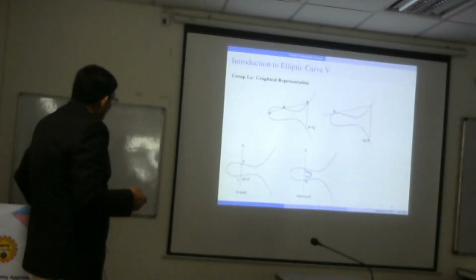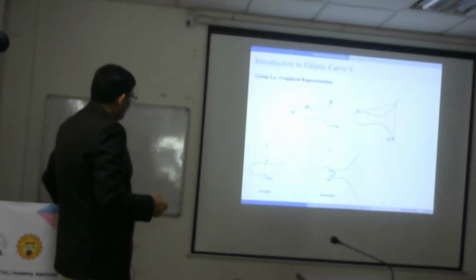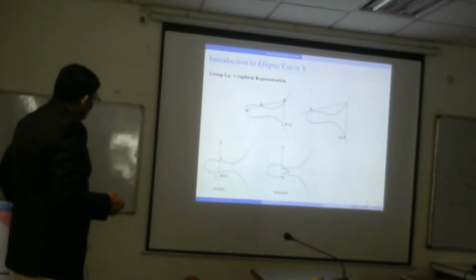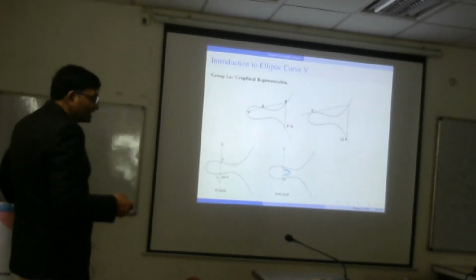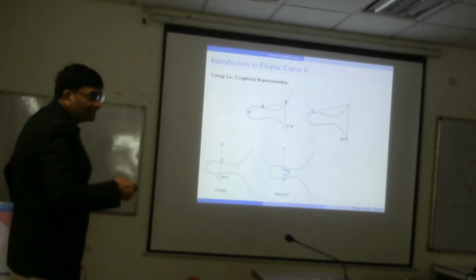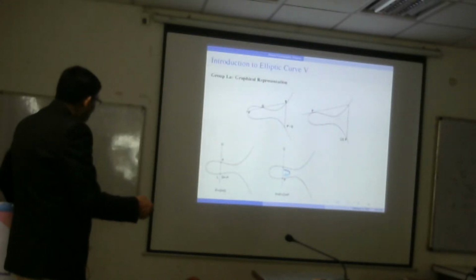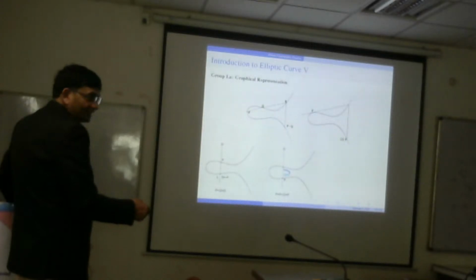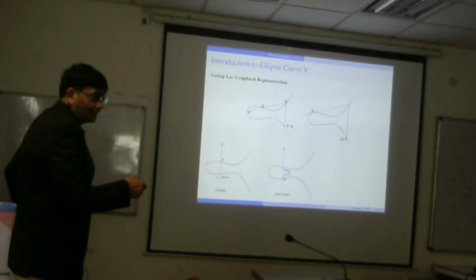We draw the line through P and Q. Since the equation is cubic, it will definitely intersect the curve at another point. It intersects at R, and then we take the reflection. So P plus Q is nothing but this point, and P plus Q is also an element of the elliptic curve.